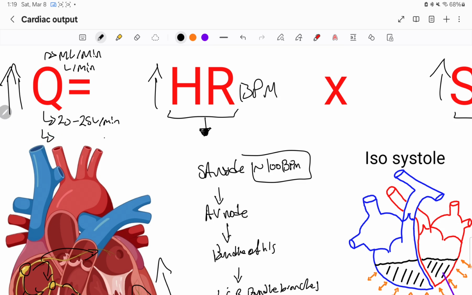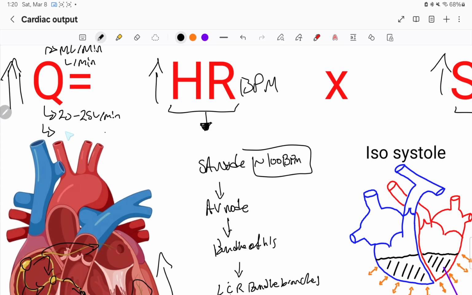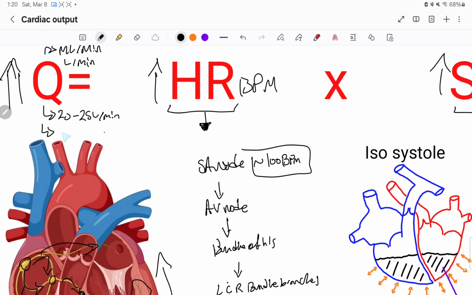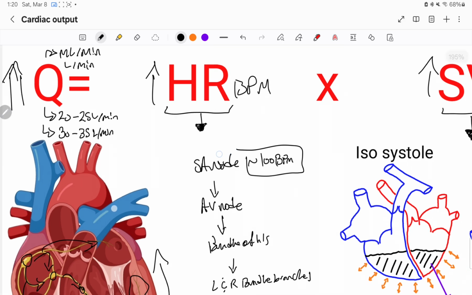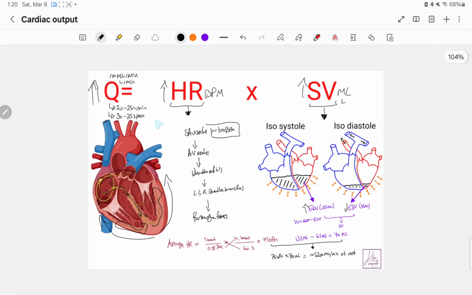In extremely conditioned cyclists and sprinters, numbers up to 40 liters per minute have been seen, but just for the safe range, we'll go around 30 to 35 liters per minute have been seen in athletes. But I've even read certain literature discussing 40 liters per minute. So you can see how the cardiovascular system is very dynamic in its nature to adapt and increase the cardiac output to meet the demands of the body.